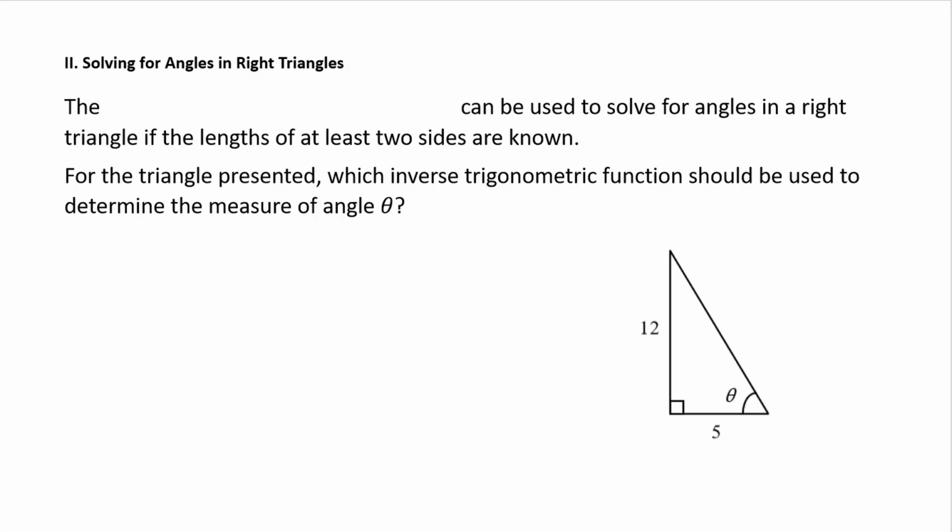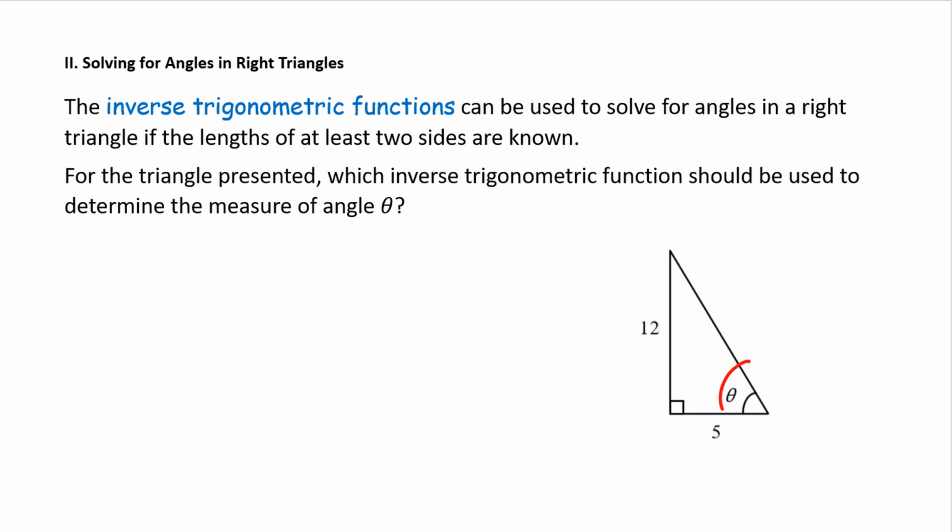Roman numeral 2. Solving for angles in right triangles. The inverse trigonometric functions can be used to solve for angles in a right triangle if the lengths of at least two sides are known. For the triangle presented, which inverse trigonometric function should be used to determine the measure of angle theta?